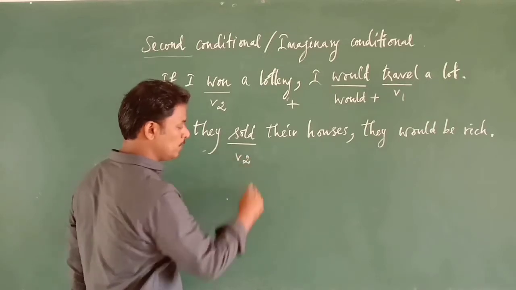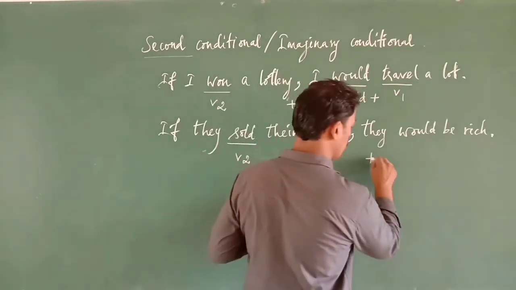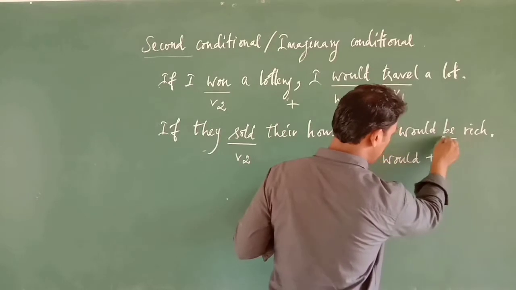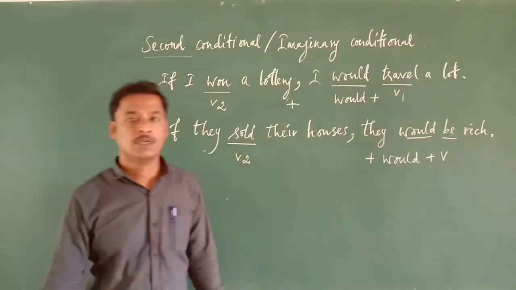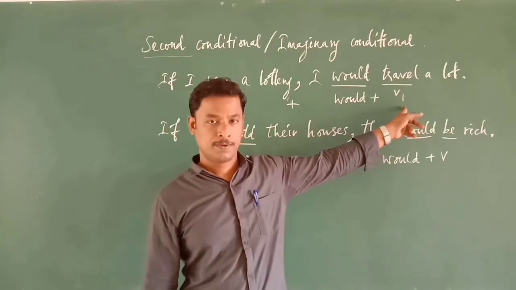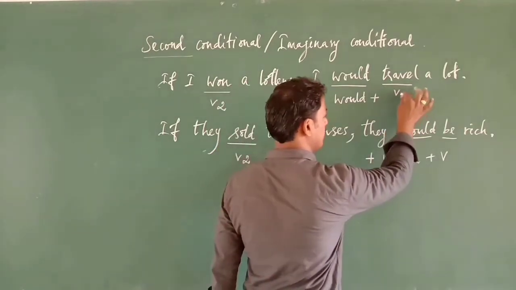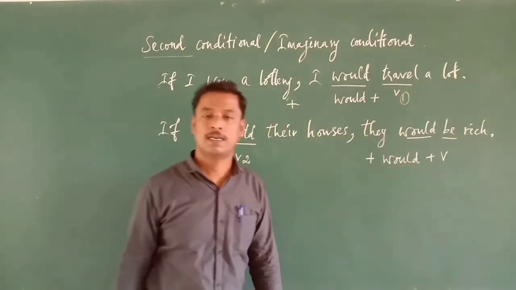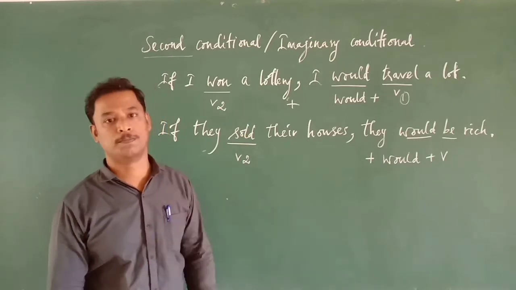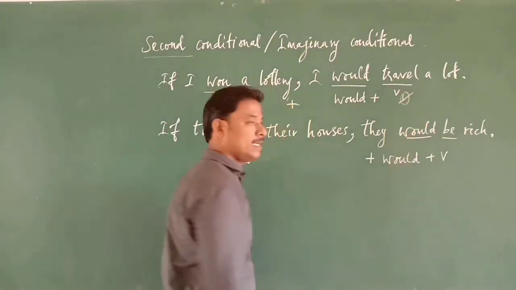Sold is verb 2, that is past simple, and the result has would plus verb 1, or would plus verb. You cannot call this verb 1. For better understanding, I have written this as verb 1. It seems like a present simple, but it is in the base form. So better we must call this simply verb.